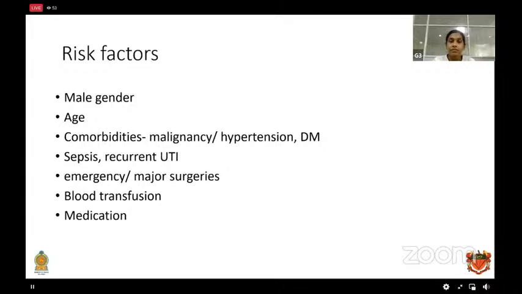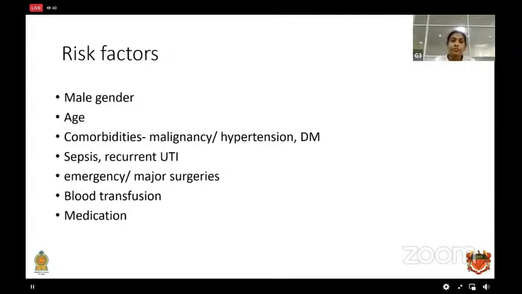The other infections, UTI or any other infection which can lead to systemic complications, septic shock, can cause renal impairment. Then surgeries, especially emergency surgeries. Emergency surgeries means the patient needs surgery maybe within a few hours or within 24 hours.